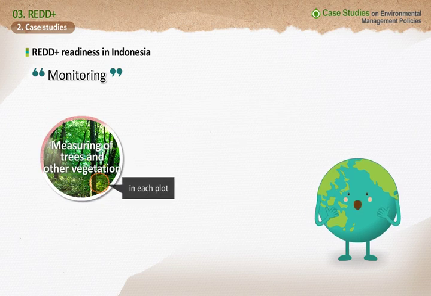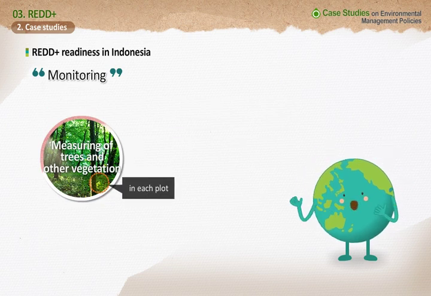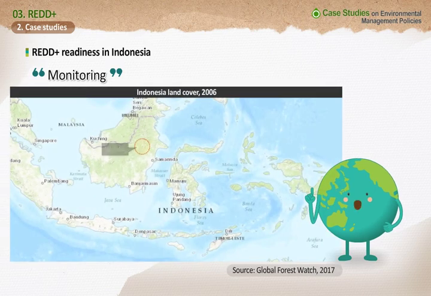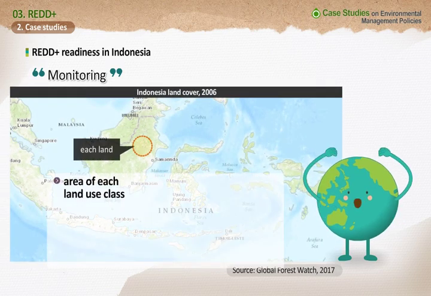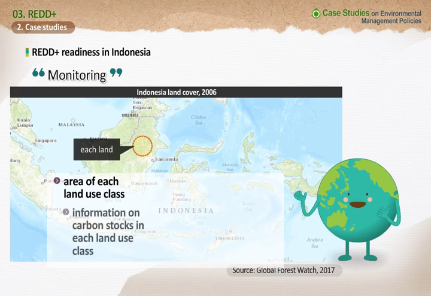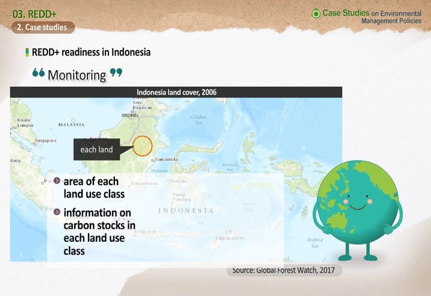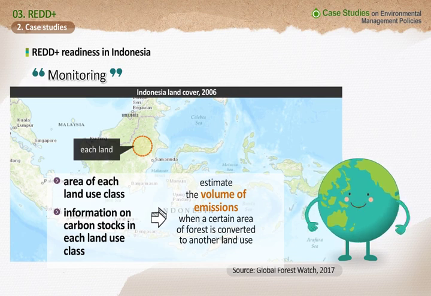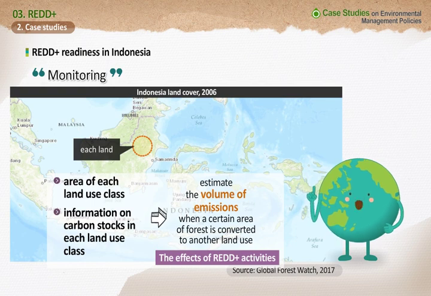Measurements of trees and other vegetation are taken in each plot, from which carbon stocks in each forest class can be estimated. With the information from the maps that show the area of each land use class and information on carbon stocks in each land use class, it is possible to estimate the volume of emissions when a certain area of forest is converted to another land use. With this information, the effects of REDD+ activities can be estimated.